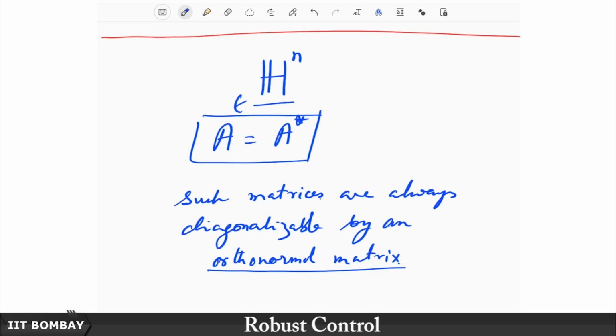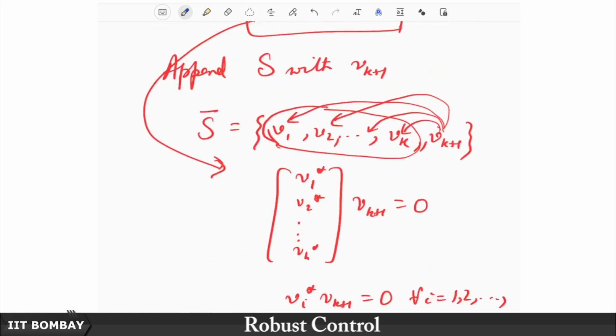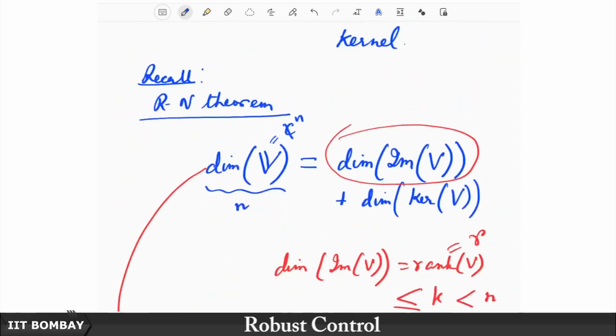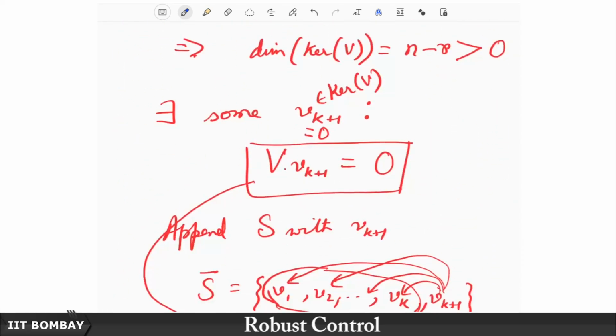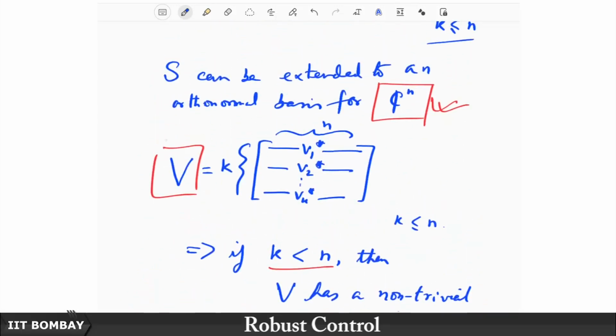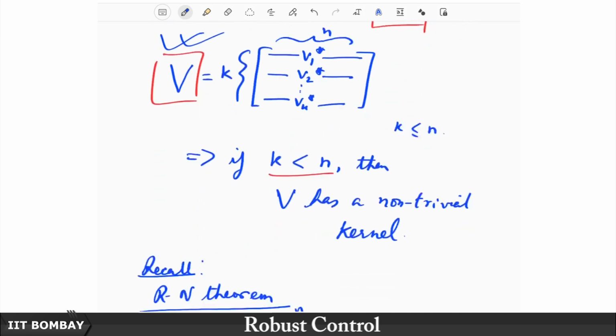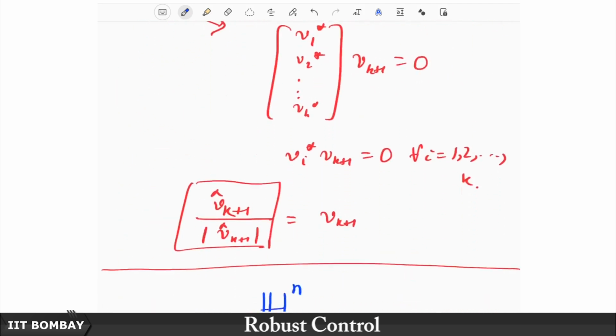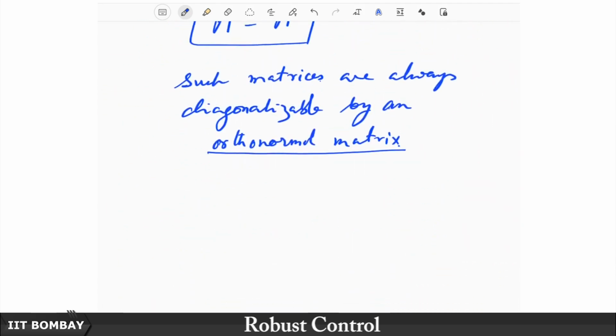Well, as you might have guessed by now, it is basically nothing but if you had ended up with this V matrix here with n rows and n columns. So, the final V matrix that you will get will be an orthonormal matrix, or you can also sometimes call it a unitary matrix.